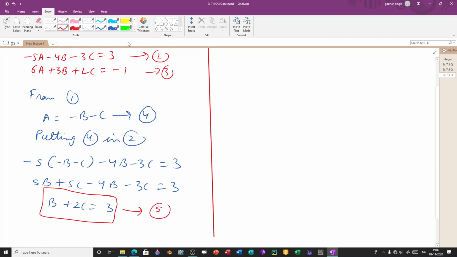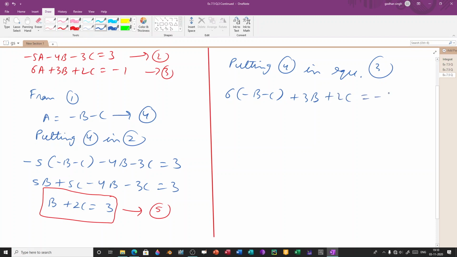Now next, we'll put 4 in equation number 3. So putting the fourth in equation number 3, we'll have 6 in place of a. We'll put the value of a as minus b minus c. 6 into minus b minus c plus 3b plus 2c equal to minus 1.